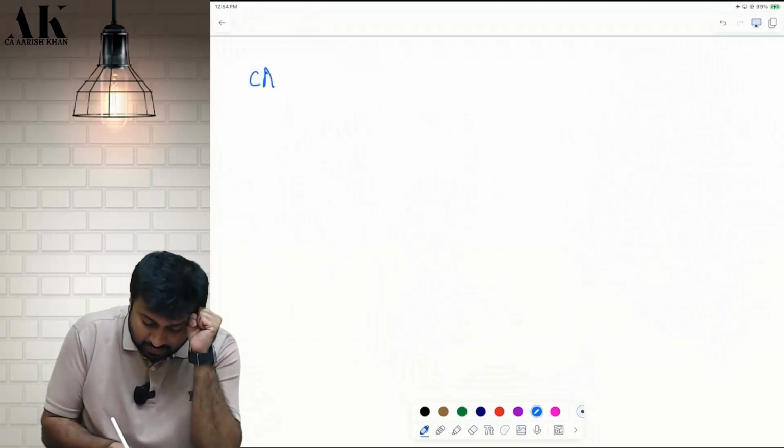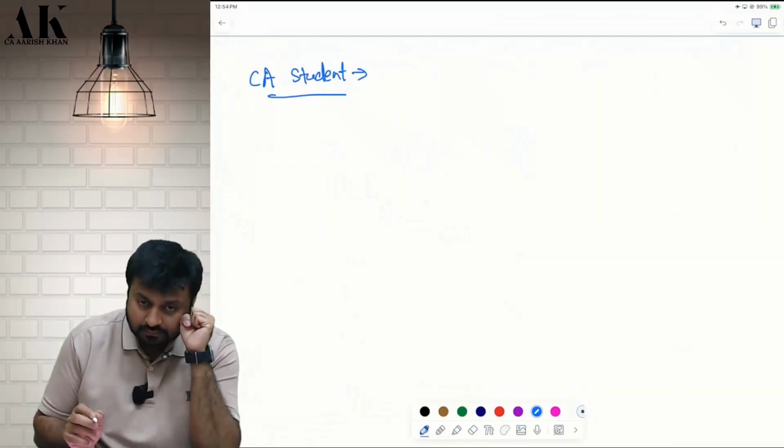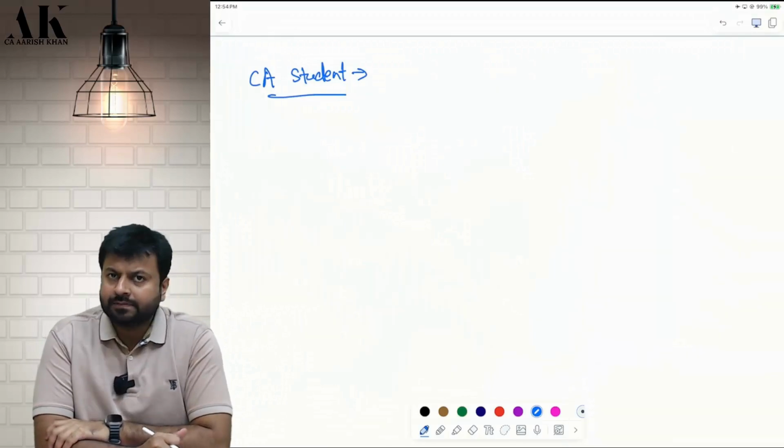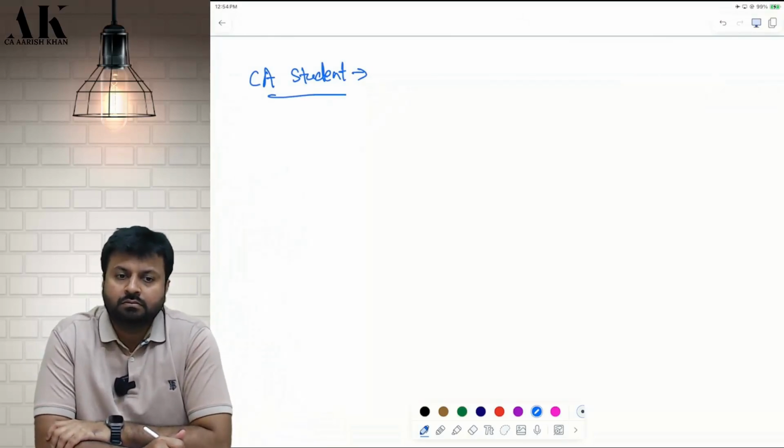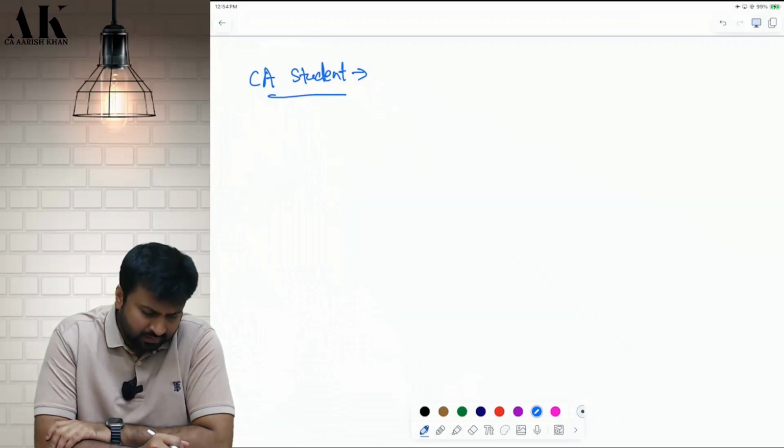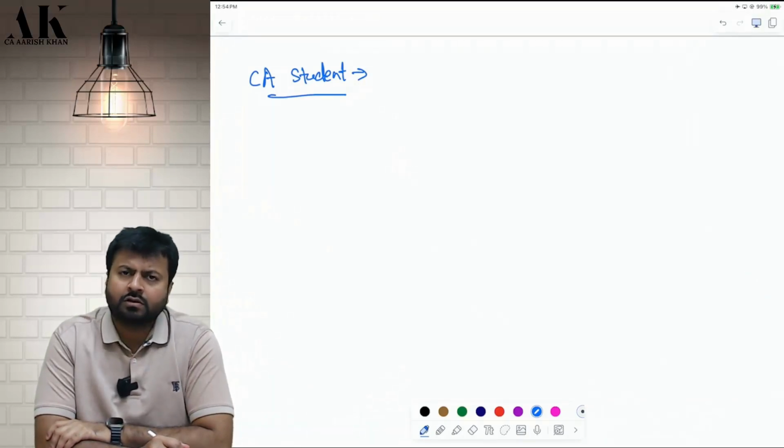Suppose there is a CA student who tells his parents that he wants a laptop. His parents ask why he needs a laptop to become a chartered accountant. He says no, he wants a laptop; he cannot watch lectures on a mobile phone, he is having a lot of trouble, his eyes are paining.